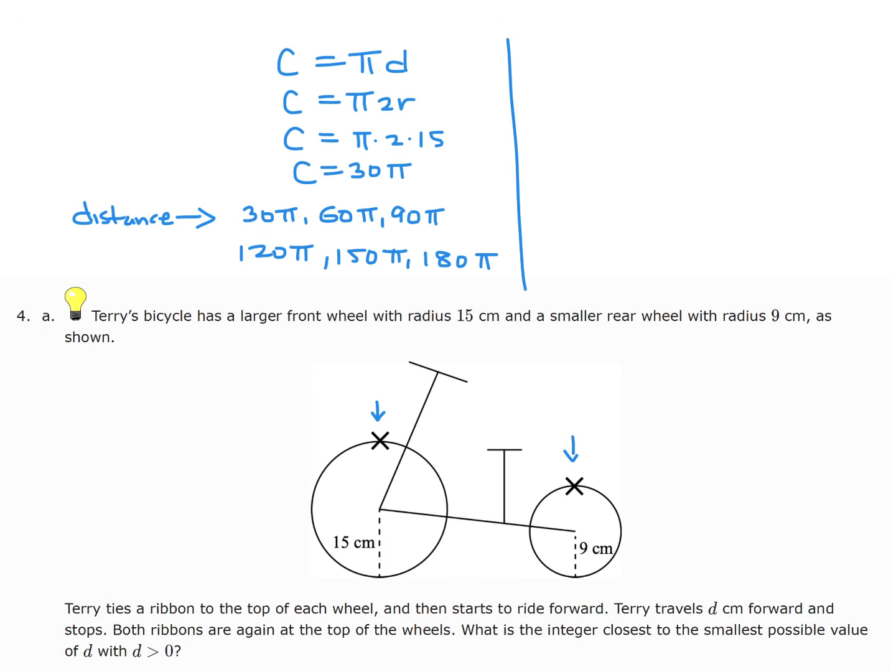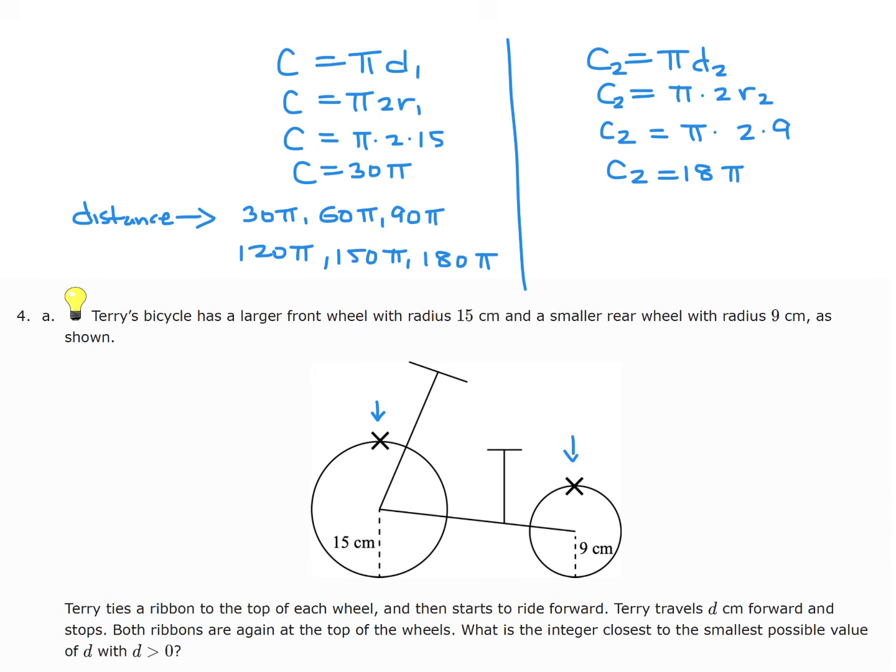Now the small wheel is pretty much the exact same, pi d, but a different d, so I guess we should put d1, d2 if you really wanted to. So this is going to be c2, just to ensure it's not the exact same. So c2 is going to be pi times 2, but this time the radius is 9. So that means this is 18 pi.